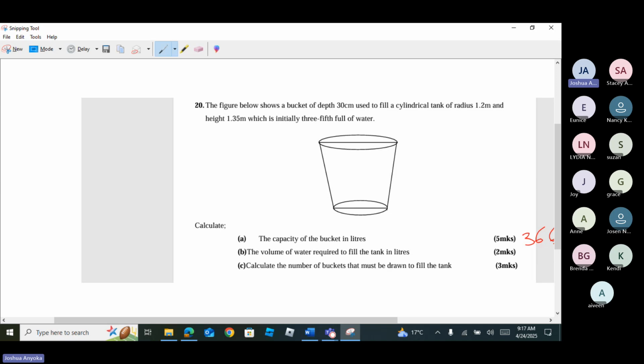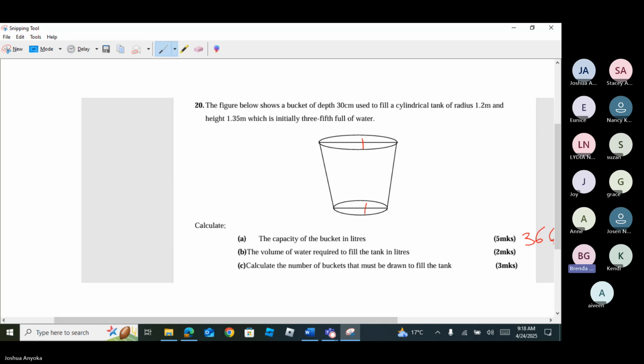How did you work out? We don't know the radius. We don't know the slant height. We want the capacity of the bucket in liters. And we are not even told how many times. For me, I see some gaps.